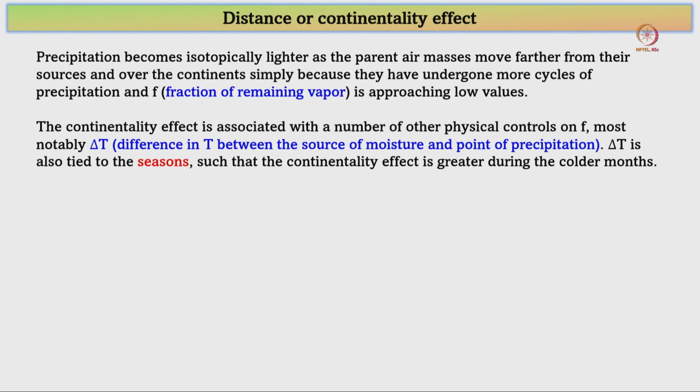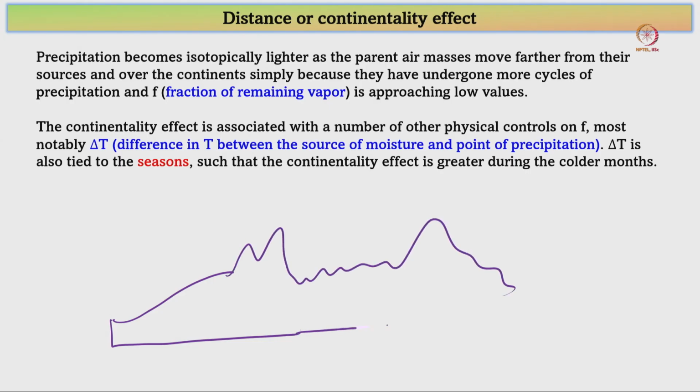The second controlling factor is the distance or the continentality effect. Now, I have already explained this a little bit when I was explaining the Rayleigh fractionation. So, what is happening as the air mass is moving on top of the continents, and you see through the mountains and all that.